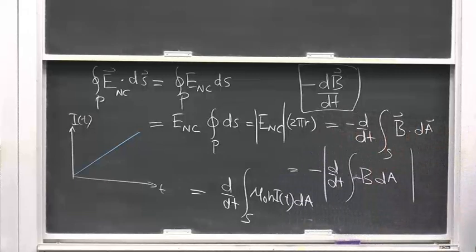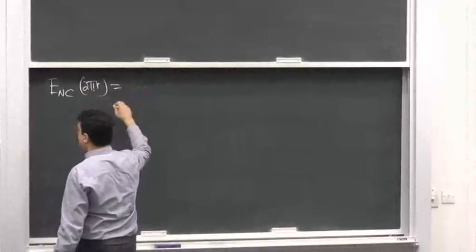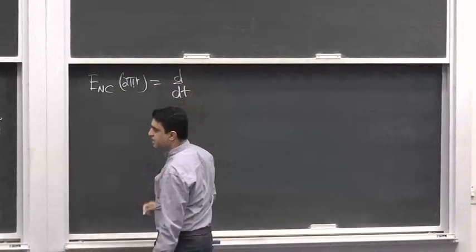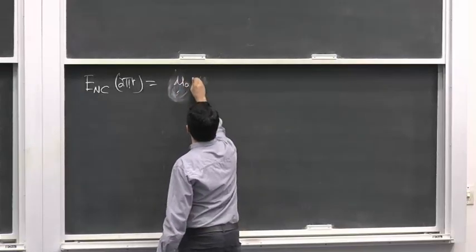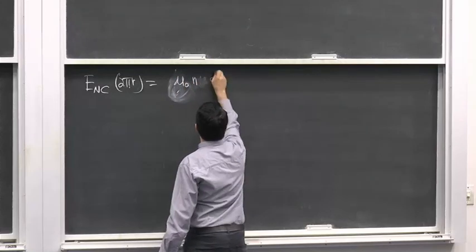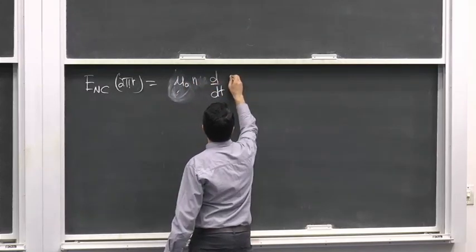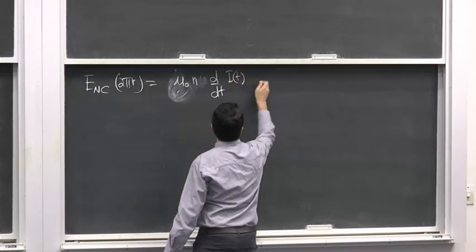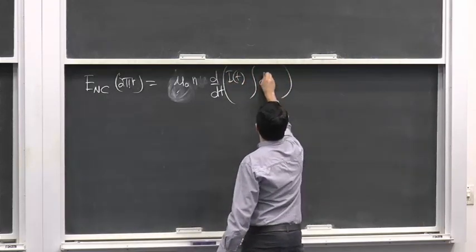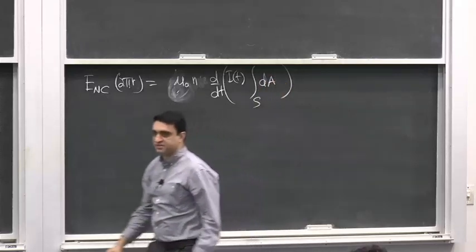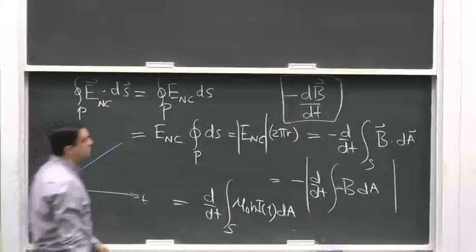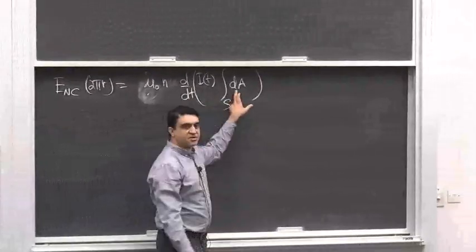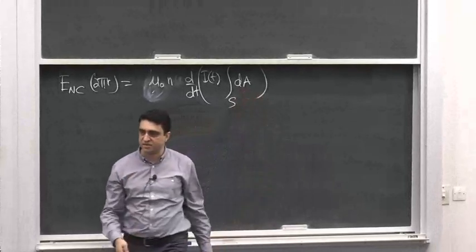So what I have on the left hand side is the EMF, E_nc into 2 pi r, and on the right hand side I have d/dt of mu naught, which I can take out of the integral, n I of t and dA over the surface S. Because I of t doesn't depend on the area, I can take this out of the integral.